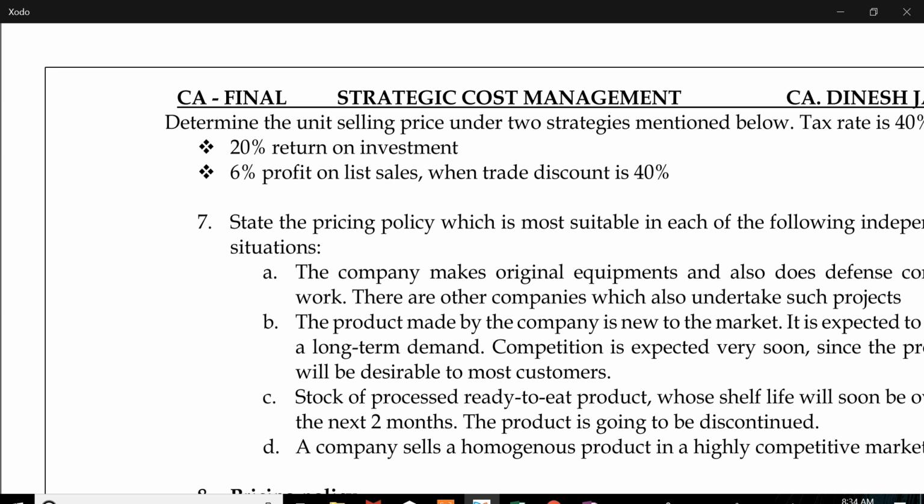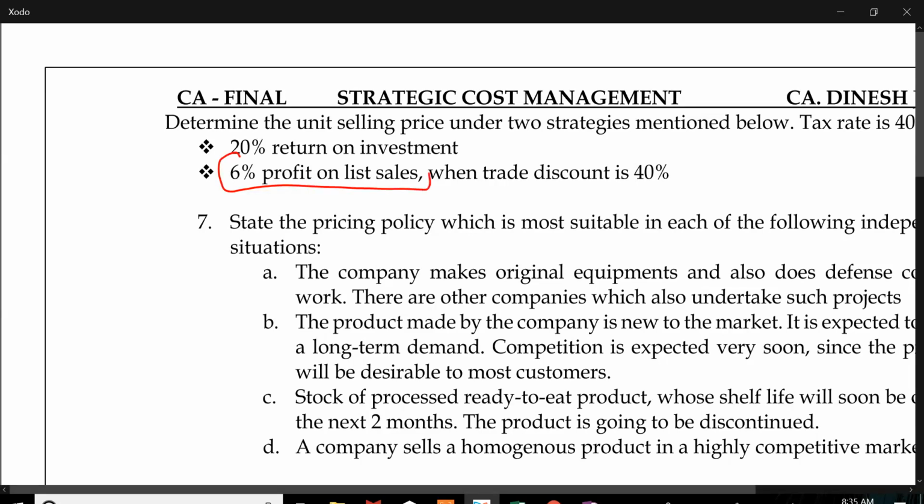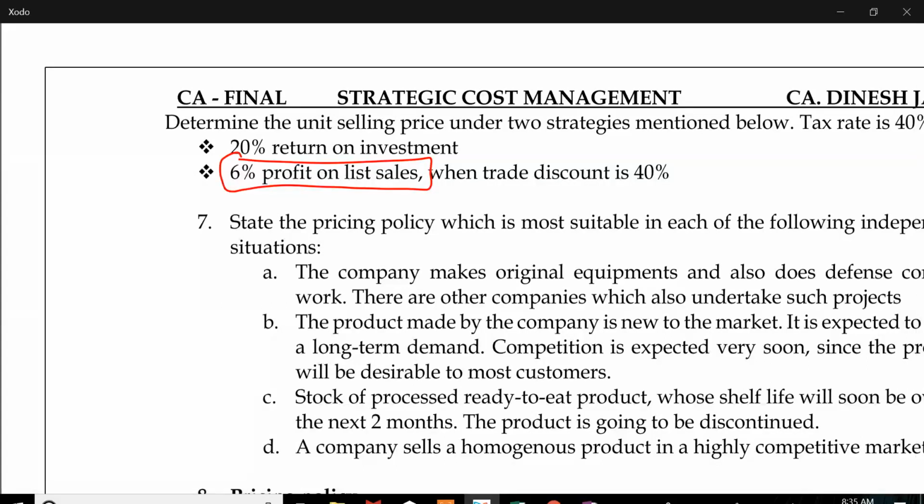Now the question's requirement is I want a profit of 6% on list sales. First I have to assume whether 6% is pre-tax or post-tax. If it's post-tax, I'll have to convert. So to ensure consistency, we'll do the conversion. Now, working note 2, calculation of price to get 6% profit on list sales.